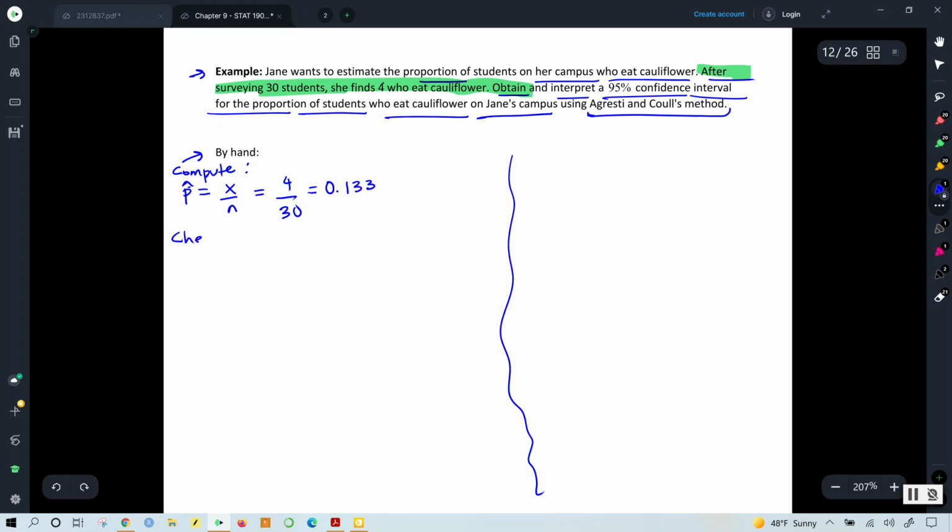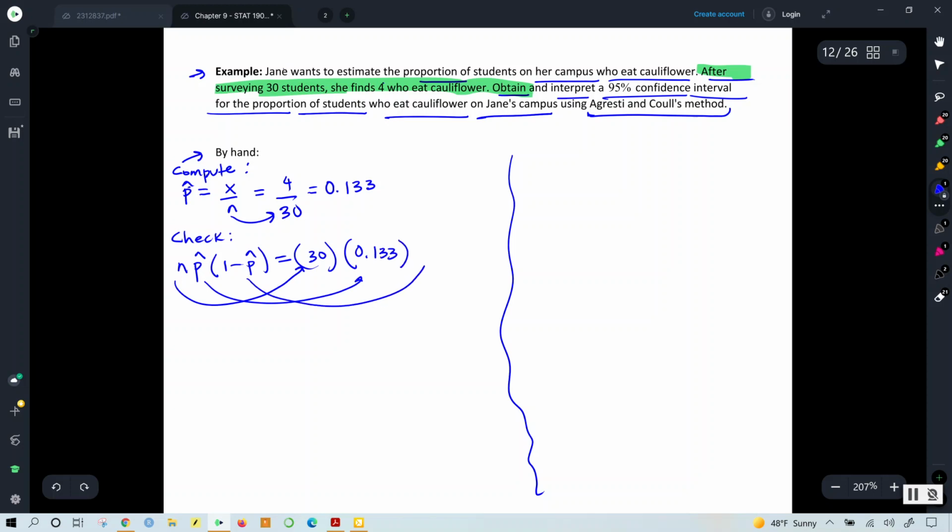We check what the value of n times p hat times 1 minus p hat is. n is the sample size, that is 30, multiplied by p hat, which is 0.133, and then 1 minus 0.133. If you compute this correctly on your calculator, you will get approximately 3.459. And there lies the issue.